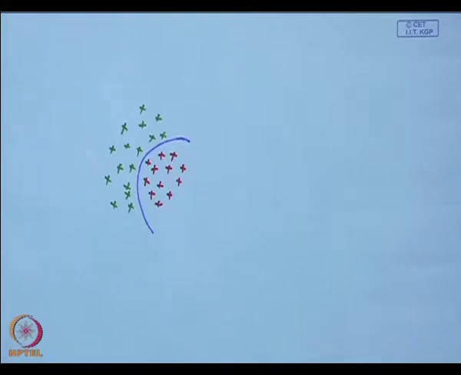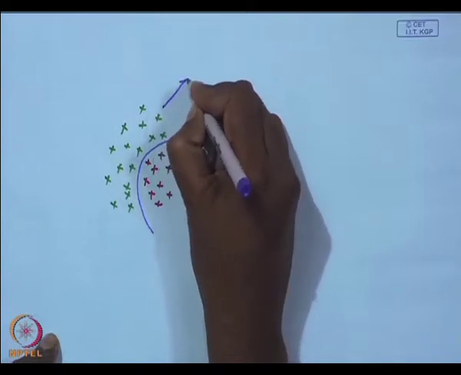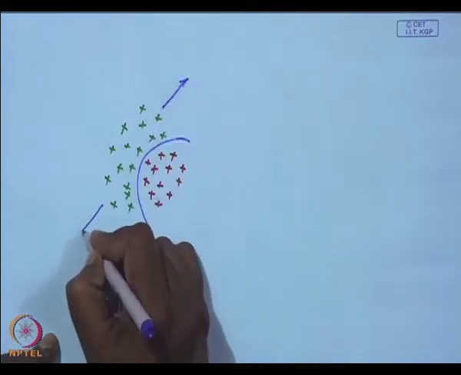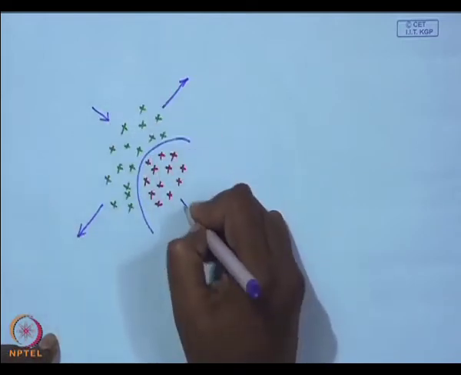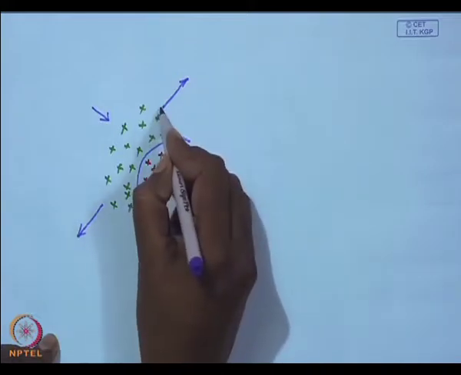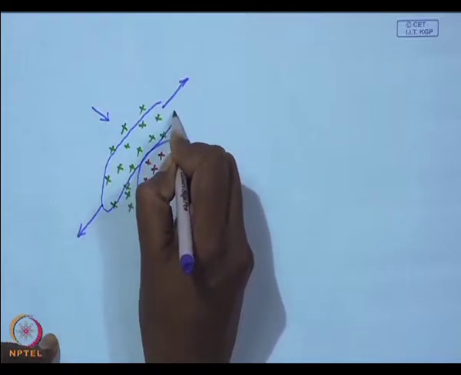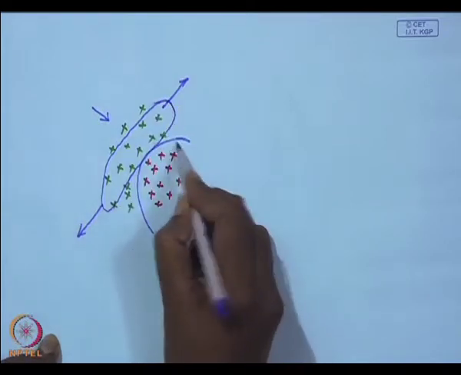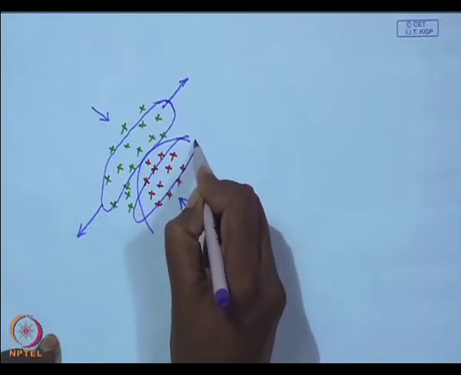Now, if I impose a nonlinear transformation something like this, a transformation which will expand the feature vectors in this direction and contract the feature vectors in this direction, then these feature vectors will be clustered into a cluster something like this, and these feature vectors will be clustered into a cluster like this.